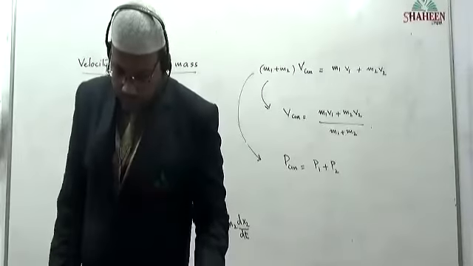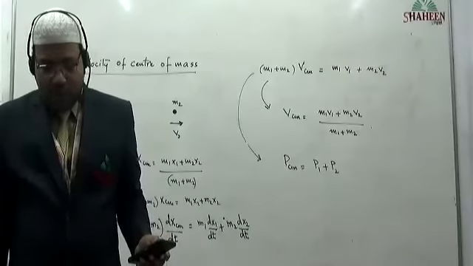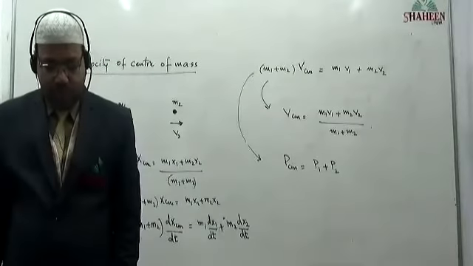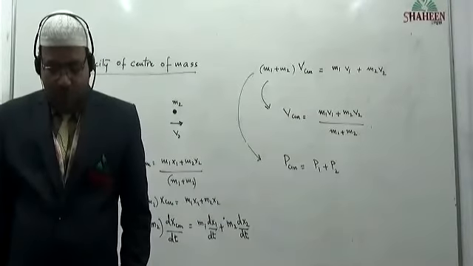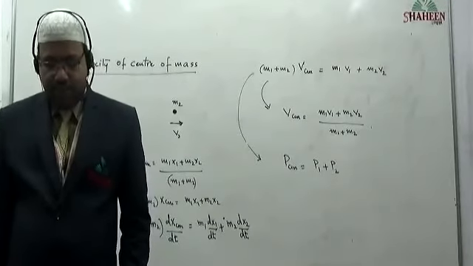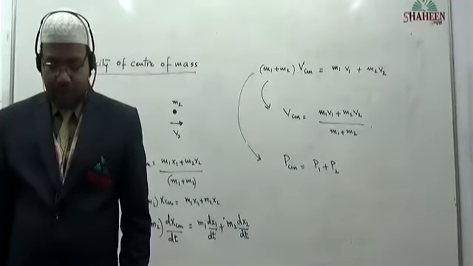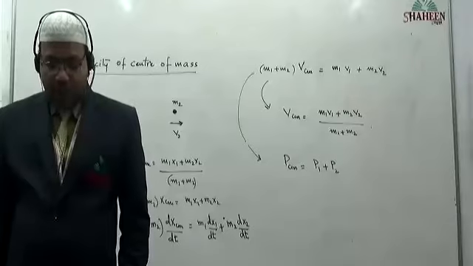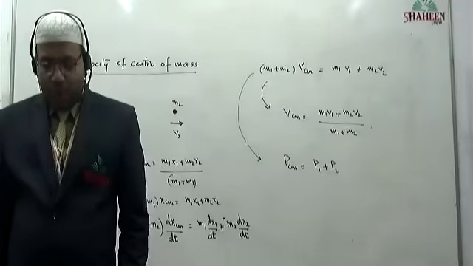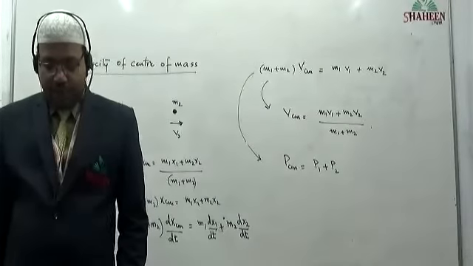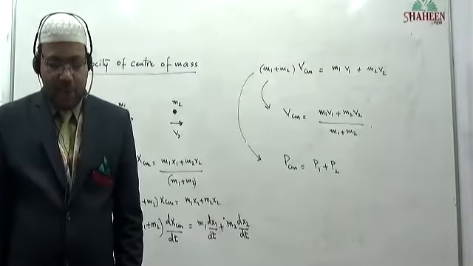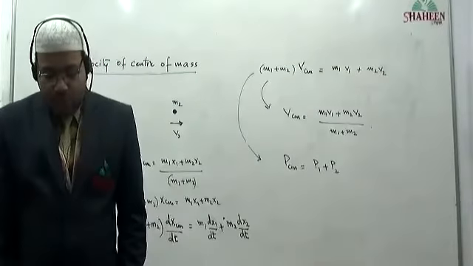Now question add-on. Two particles of masses 1 kg and 2 kg are moving along the same line with speeds 2 meters per second and 4 meters per second respectively.